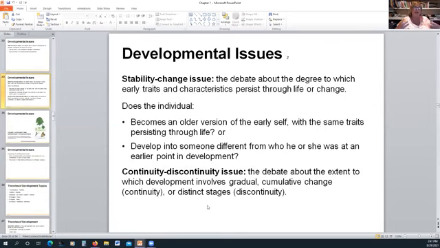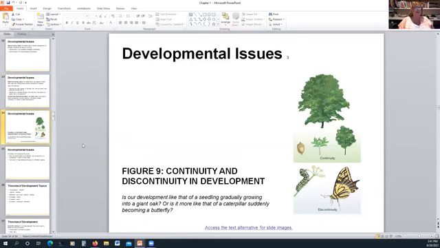Is it a continuous kind of development that develops over time, or is it discontinuous, which is stages? Most of your theorists this semester, Piaget, Erikson, Bowlby, etc., are all going to be discontinuous theorists. They're all going to look at development in stages, but you do get Bronfenbrenner and Vygotsky and some others that look at it as continuous development.